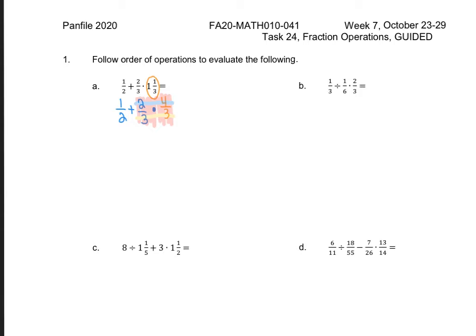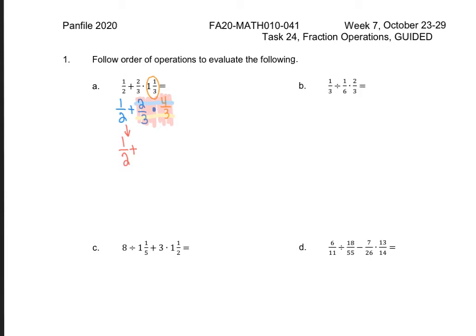So the way I write this, I'm actually going to write anything I'm not doing first. So I'm going to write the 1/2 plus, because I'm just going to drag that basically down. I don't want to forget about it. I'm not doing anything with that. So just like with whole numbers, it's kind of just a holding pattern.